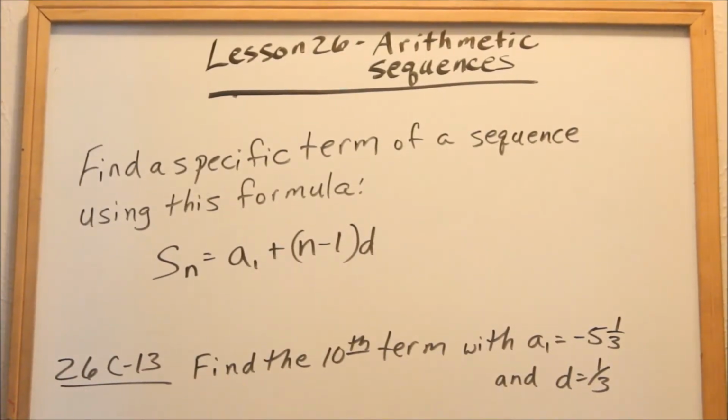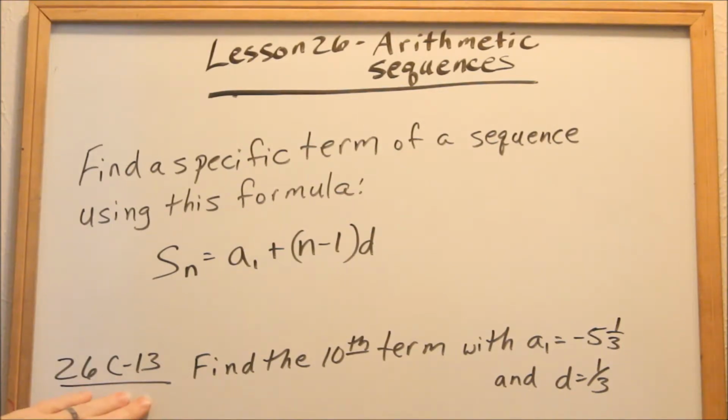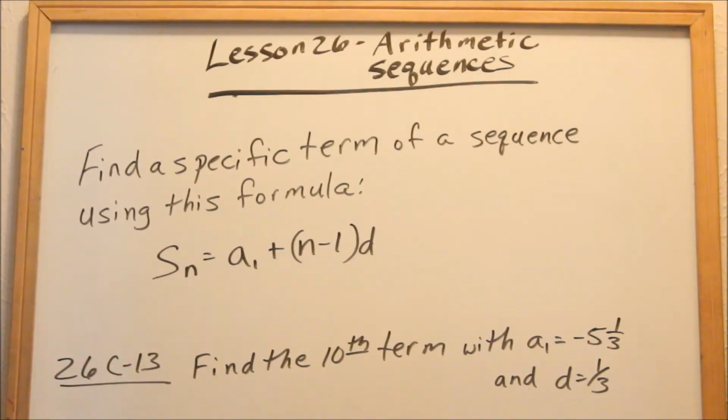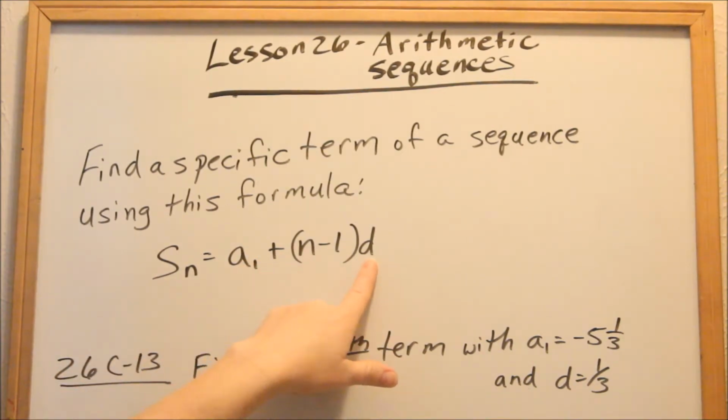Okay, there's something else we can do with arithmetic sequences: we can find a specific term of a sequence using this formula. Looking at 26C13, we want to find the 10th term. Instead of writing out all 10 terms or even past 10 terms, we can go straight to a formula and find the 10th term if we know the first term and the common difference.